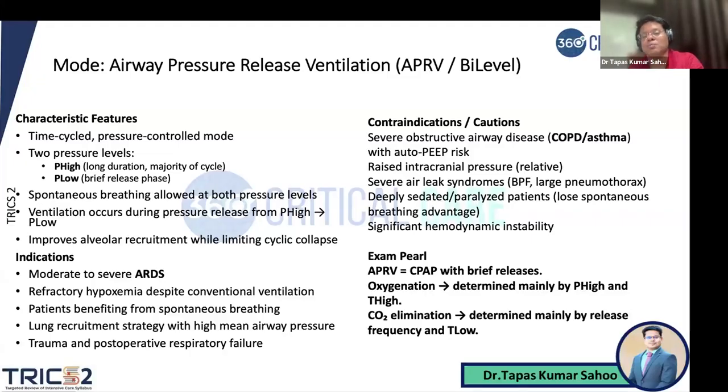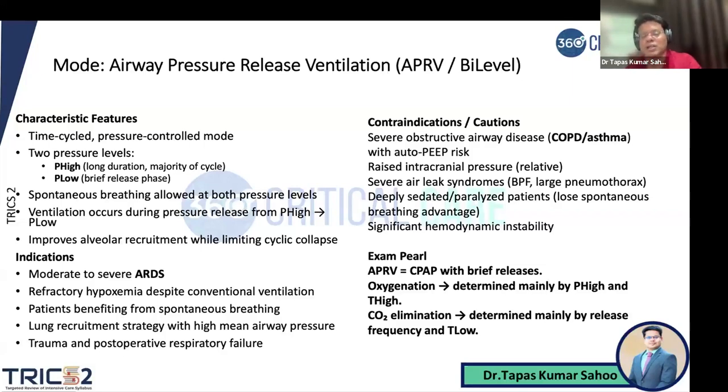Severe air leak syndrome, BPF, large pneumothorax, deeply sedated or paralyzed patient. So it would lose the spontaneous breathing advantage. Spontaneous breathing advantage is one of the key characteristics of APRV mode. Now, when the patient is deeply sedated or paralyzed, you are not getting any benefit of your mode. And again, significant hemodynamic instability.